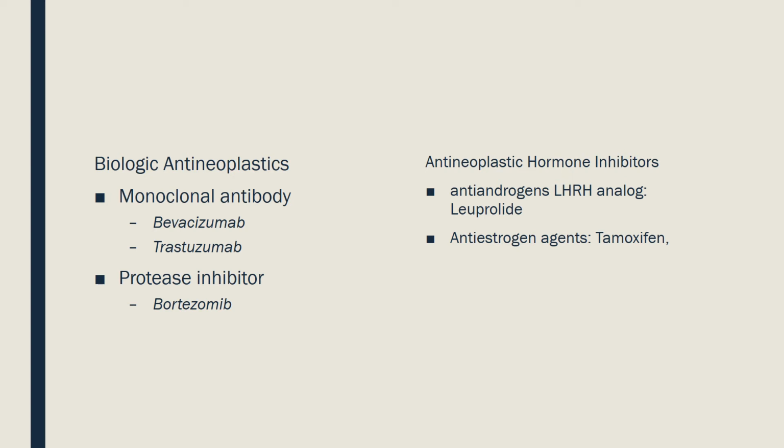So any kind of hormonal type of thing or the lack of hormones is what you're going to see with these patients. So we have the anti-androgens. The LHRH is your luteinizing hormone. And that one is dealing with the Leuprolide, and then the anti-estrogen agents, the tamoxifen.